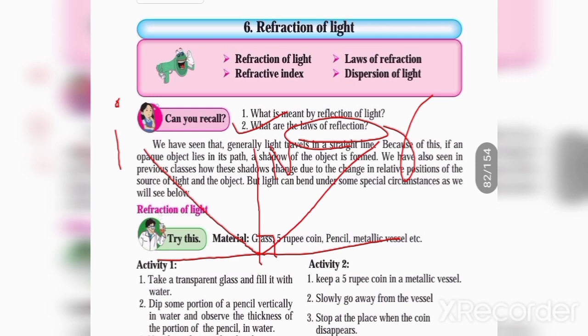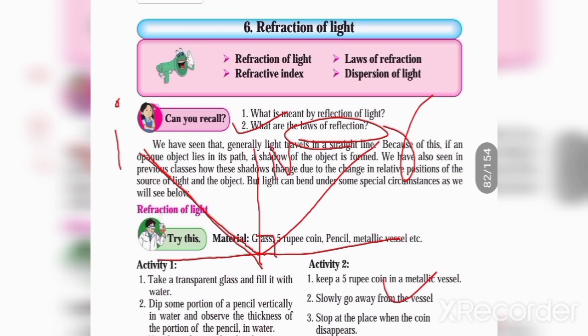The answer to this second question we get from this diagram. What are the laws of reflection? The laws of reflection state that the incident ray, that is this ray, the reflected ray and the normal to the surface of the mirror all lie in the same plane.